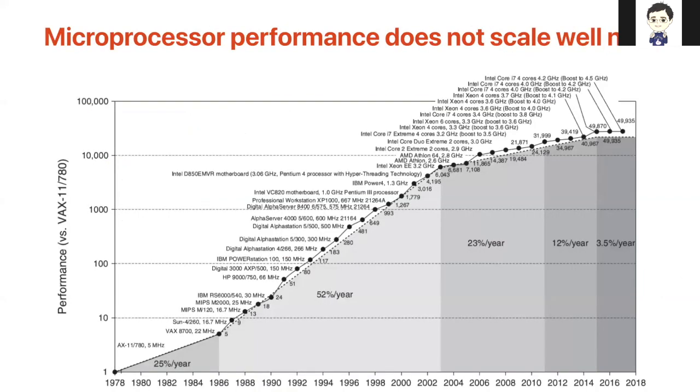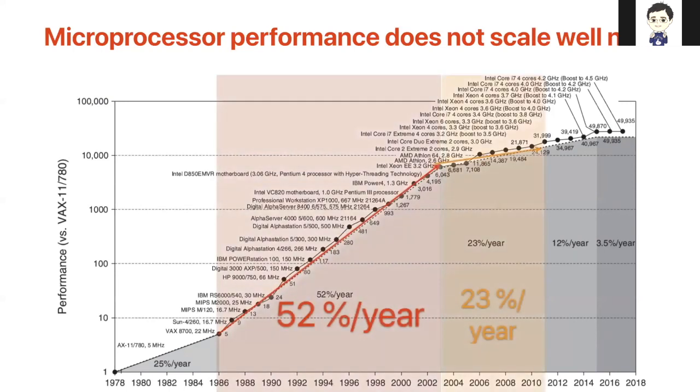The other thing is, even though you think, well, I seldom have to deal with bitwise operations, I'm just going to be working in a software company. However, microprocessor performance does not scale well now. In the past, before the 21st century, we could double the performance of a processor every 18 months.